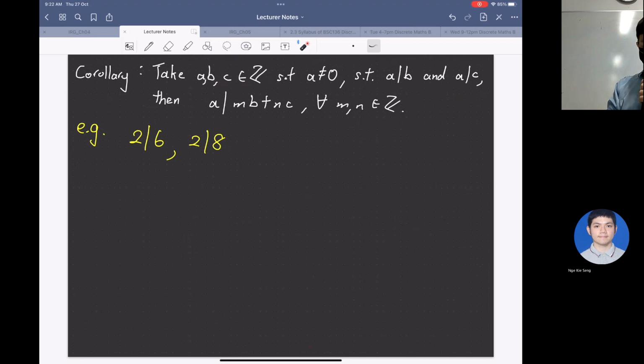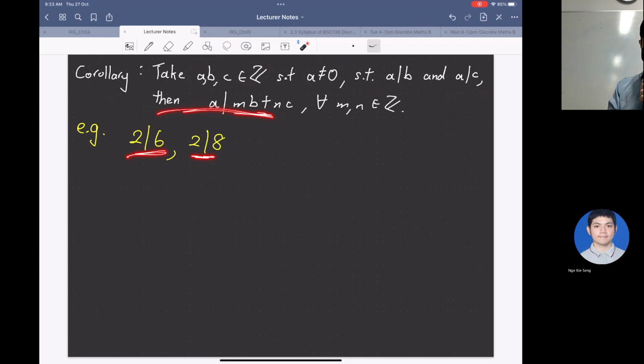If I say take A, B, C from Z, you have to go to the integers and take 3 numbers out. And if I say A not equal 0, then you cannot let A equal 0. So find something that satisfies this condition.